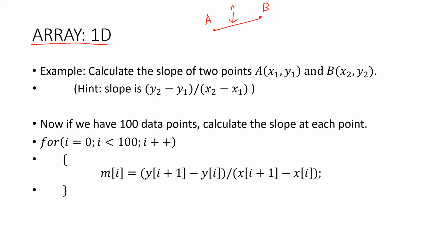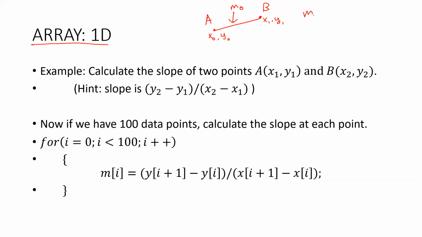This is M, yang saya nak guna index yang sama, M0. So this is the first slope. Dan dia punya koordinat adalah x0 and then y0. This is x of 1 and then y of 1.